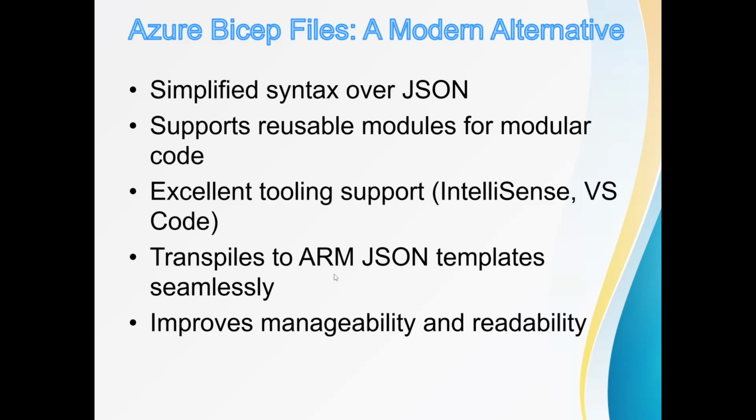It transpiles to ARM JSON templates seamlessly. So it is easy to convert Azure Bicep files to ARM JSON templates. Okay, it converts seamlessly, and it improves manageability and readability. So Azure Bicep files are very useful. They help us with more manageability and readability.